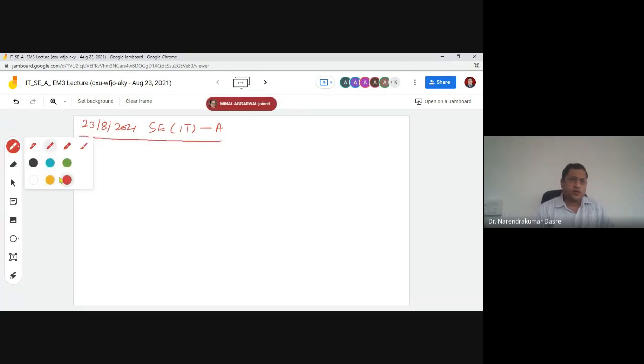Okay, so now we'll try to solve the problem based on the eigenvalues and eigenvectors. So we go with the example.